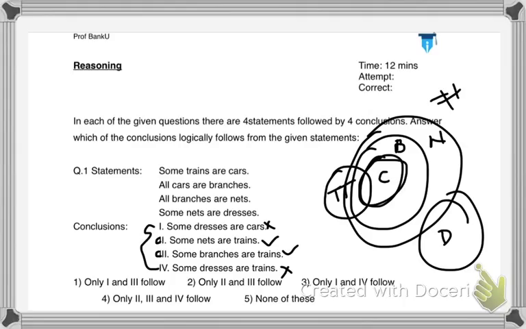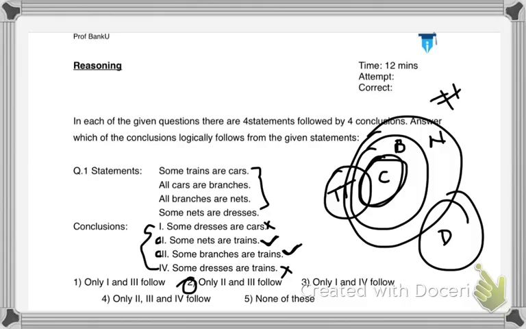Okay, now in this case, this third one, that is some branches are trains, it is always true. This third one can't be proven false given these four statements. So third is true always, and similar for second. Okay, so only second and third follow, that is your answer number 2.